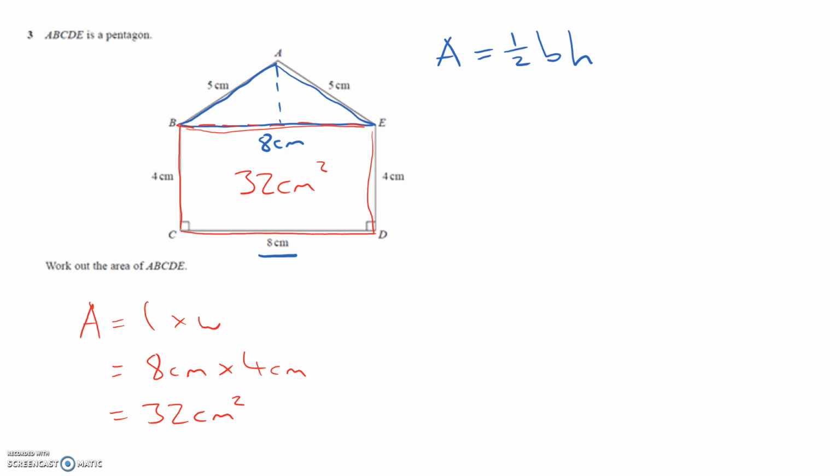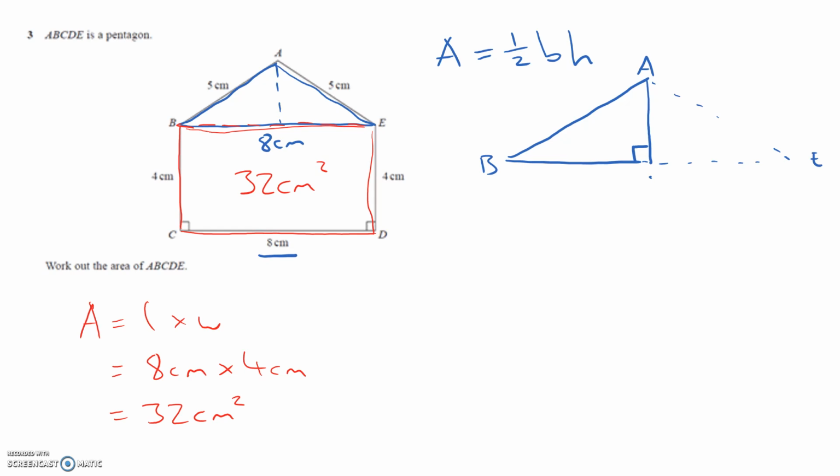So if we draw the dotted line that we've just put, we've got a triangle that's got a right angle here. Okay, so this is B, this is A, and this is the midpoint of the line BE. And the line BE, and E would be somewhere over here.